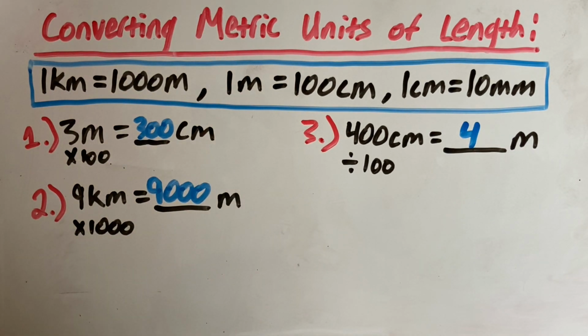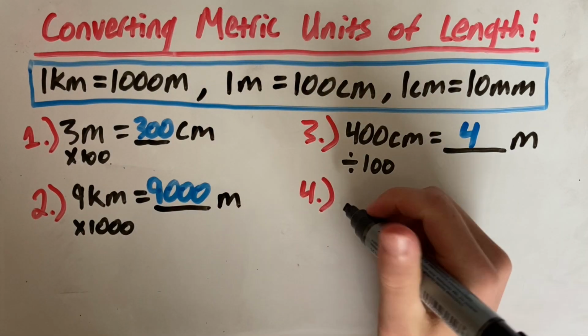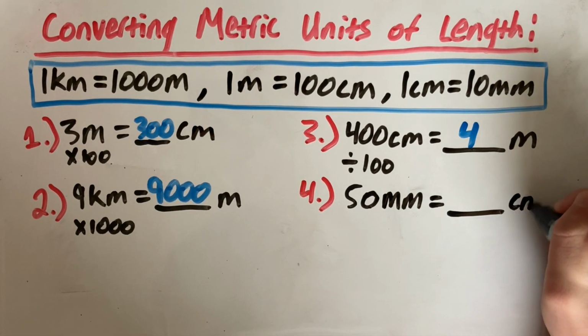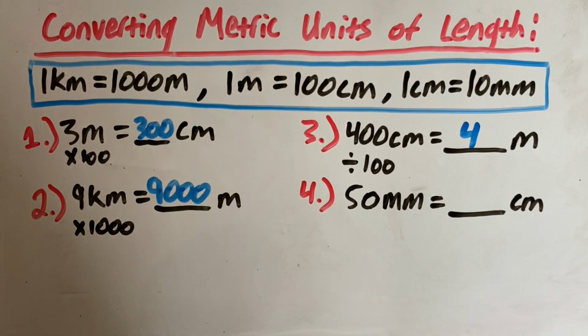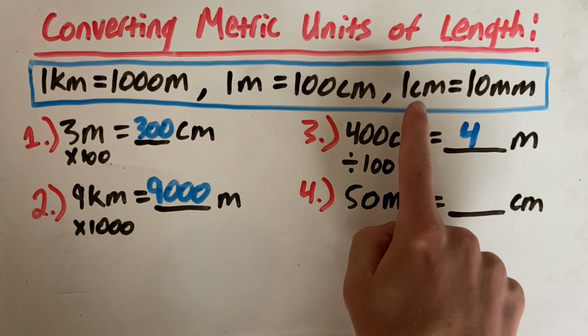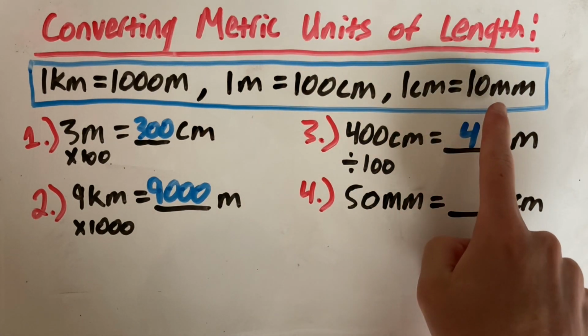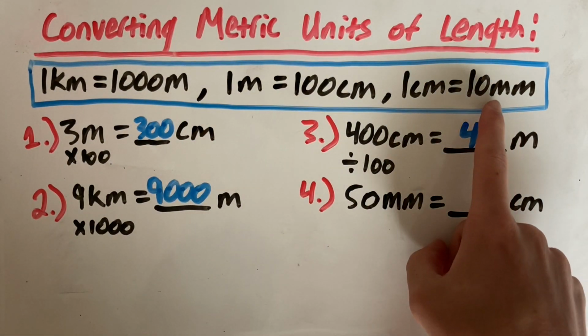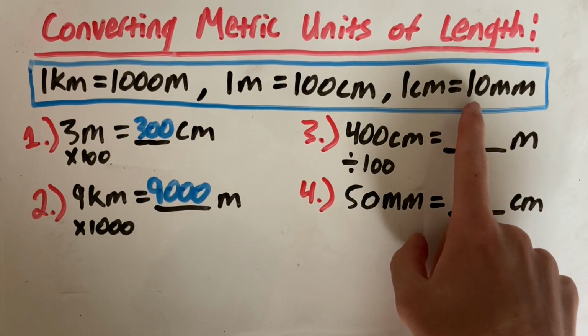Let's try another one of these, going from the smaller unit to the larger unit. Let's say we have 50 millimeters and we want to know how many centimeters this is. If we look at the conversion between millimeters and centimeters, we know 1 centimeter is equal to 10 millimeters. So we're going from millimeters to centimeters, or small to large.